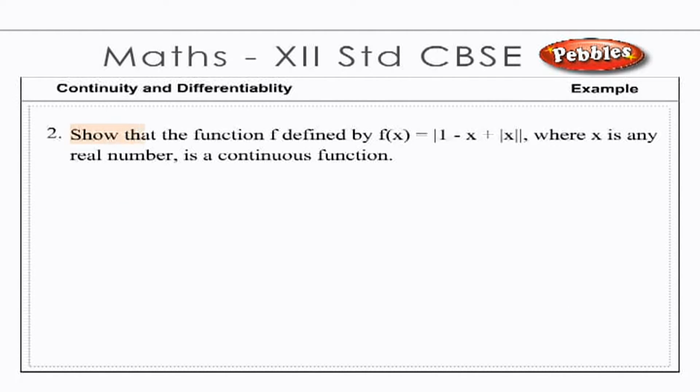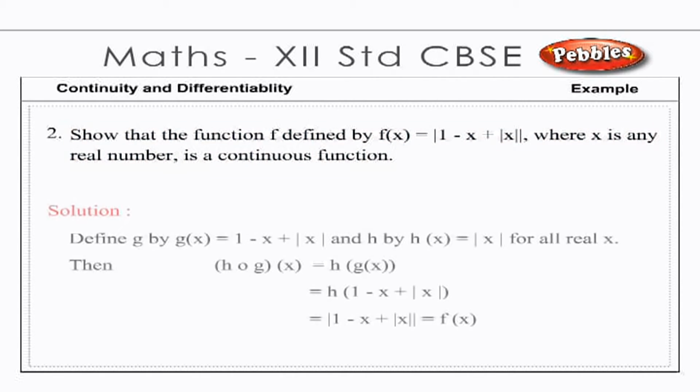Example: show that the function f defined by f of x equal to 1 minus x plus mod x, where x is any real number, is a continuous function. Solution: define g by g of x equal to 1 minus x plus mod x and h by h of x equal to mod x for all real x.